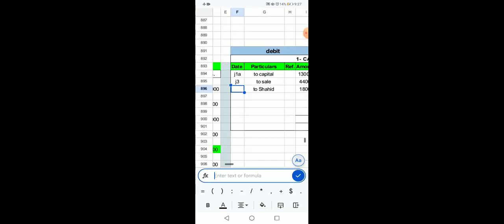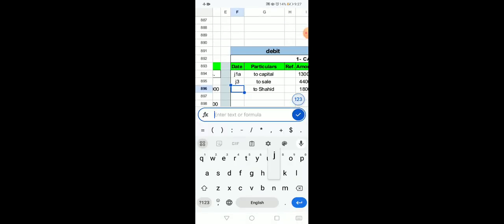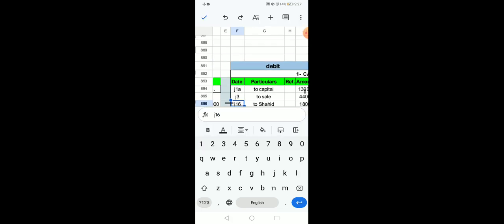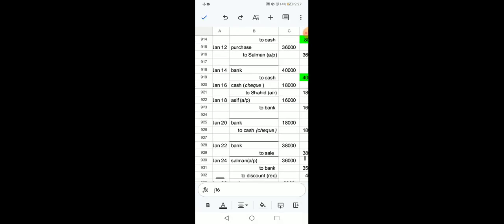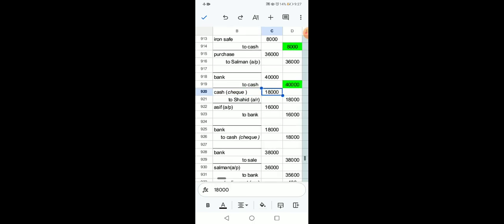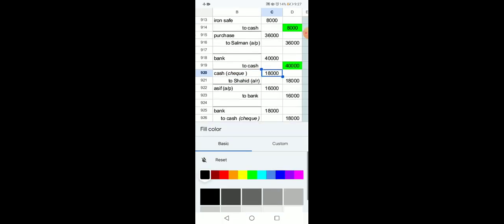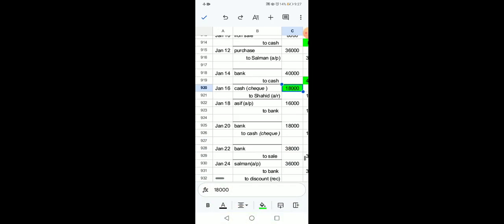January 16th. Put the date over here. So here was the cash, January 16, 18,000 amount has been posted, the entry is completed, mark it as done.